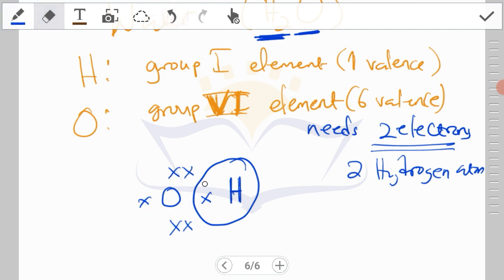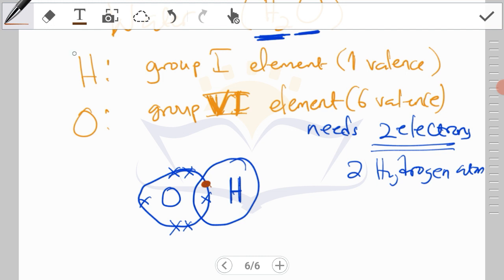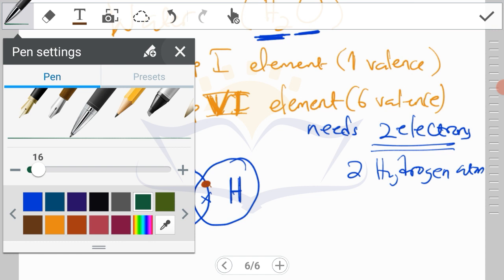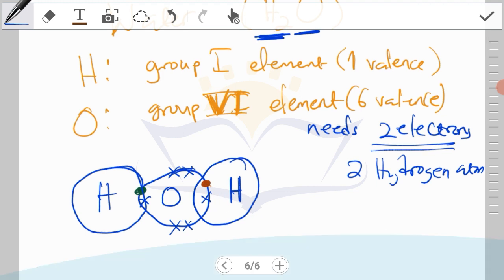Okay, let me use a different color. And it will take another electron from the remaining hydrogen atom to form two covalent bonds with each of these hydrogen atoms.